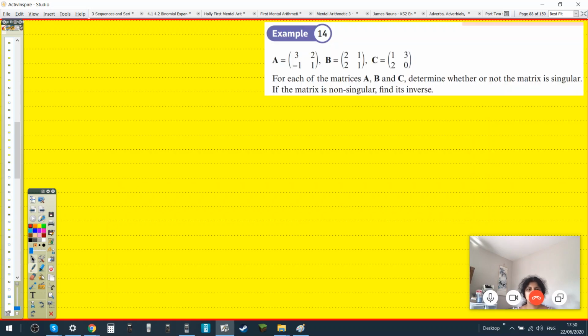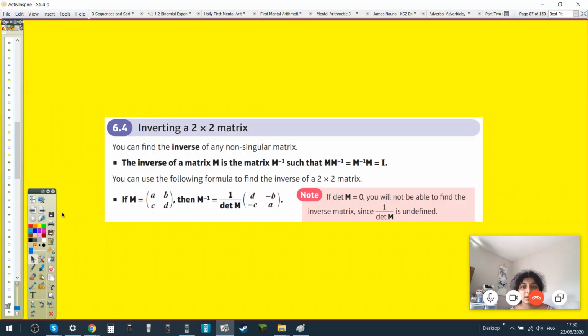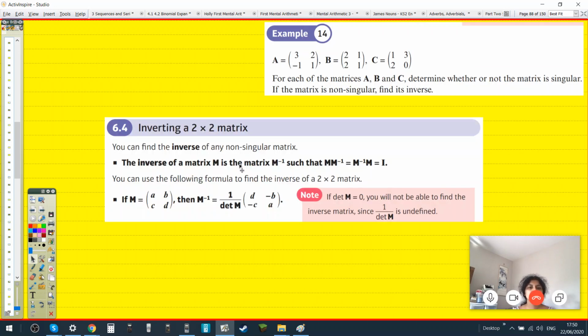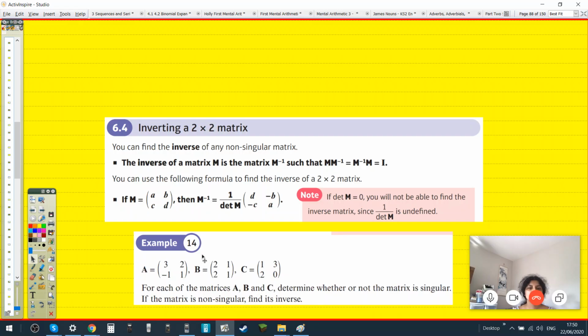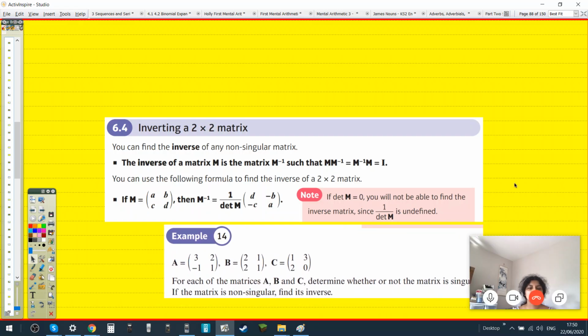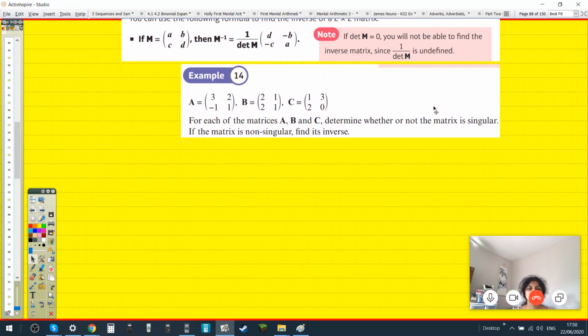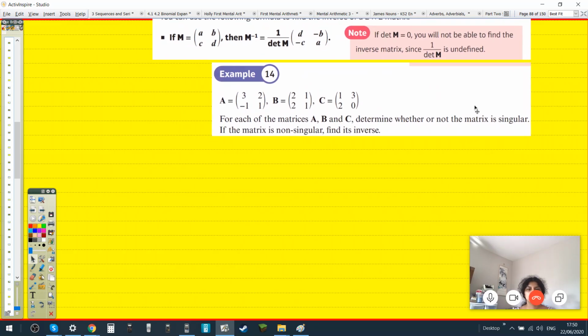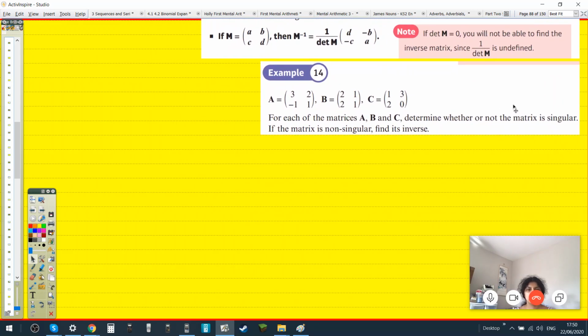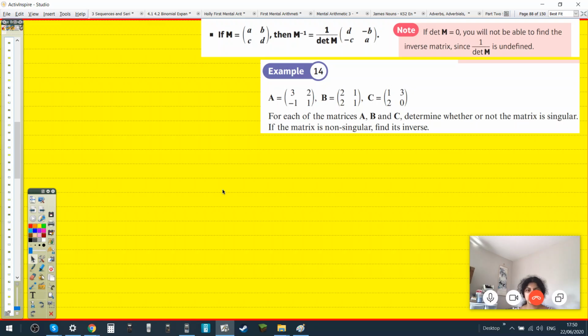I'm trying to remember this, but there's a lot of things to remember. Wait, you have to figure out whether it's singular first. If it's singular, would it not have an inverse? Because you'd have 1 divided by 0, which you can't do.